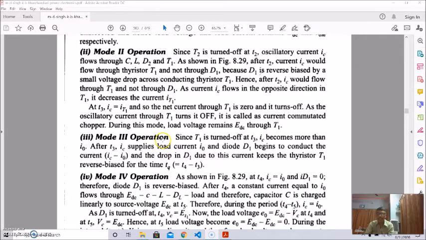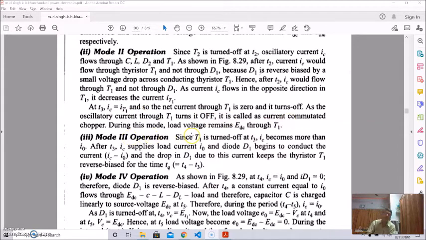And at T3, IC equals IT1, so the net current through T1 is 0 and it turns off. As the oscillatory current through T1 turns it off, it is called a current commutated chopper.